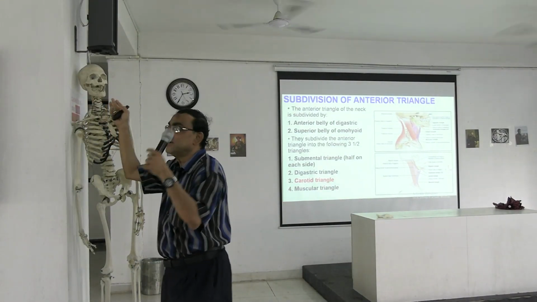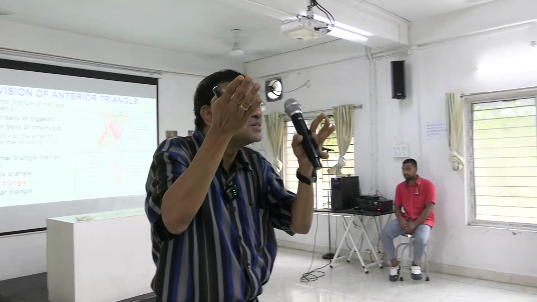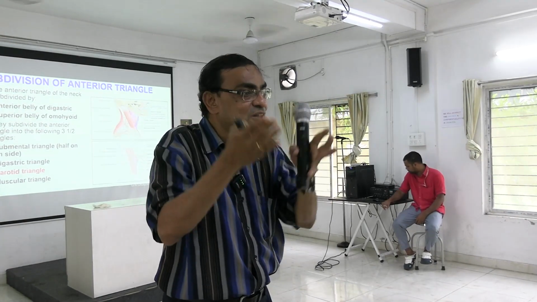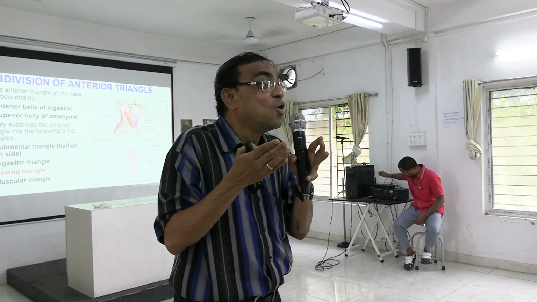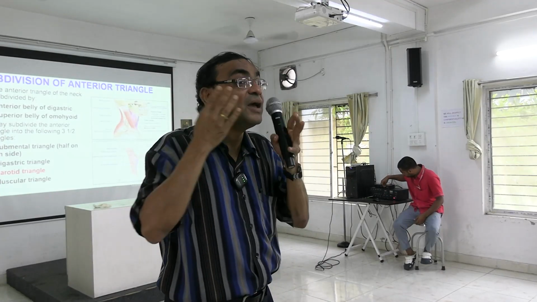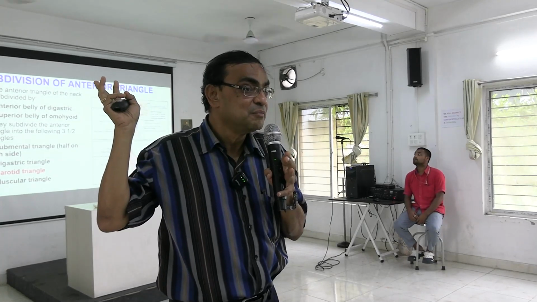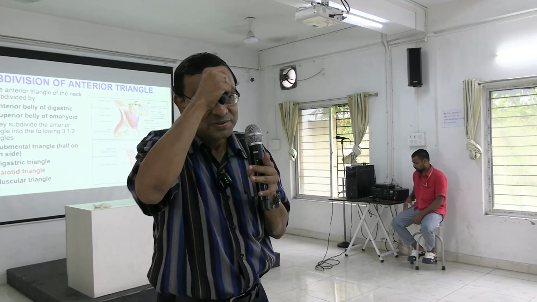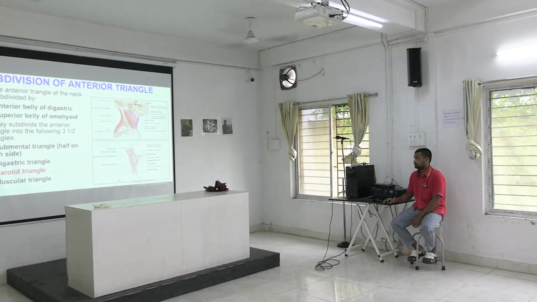From here to the hyoid, one muscle forms a sling or diaphragm-like structure, also called the diaphragm of the mouth, and that muscle is the mylohyoid, from the mylohyoid line of the mandible to the hyoid bone. Then geniohyoid, from the genial tubercle inside to the hyoid bone.